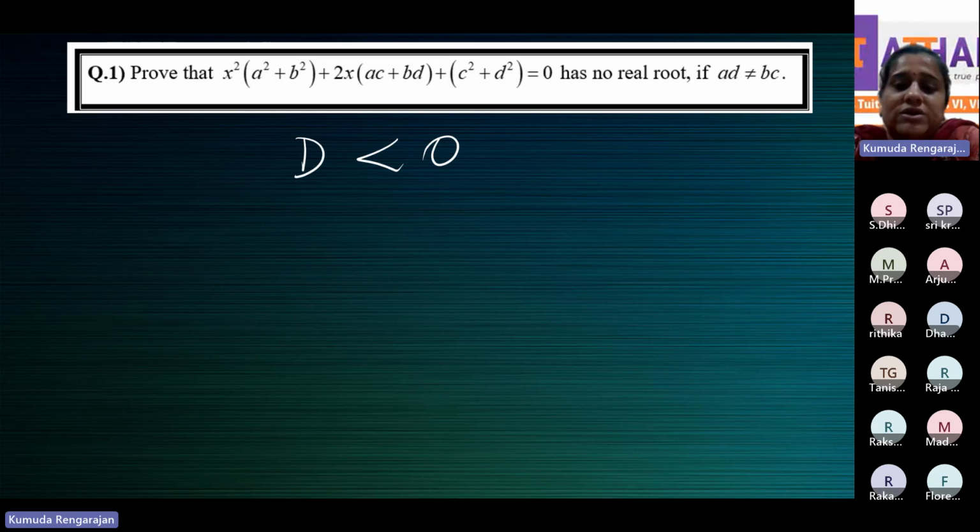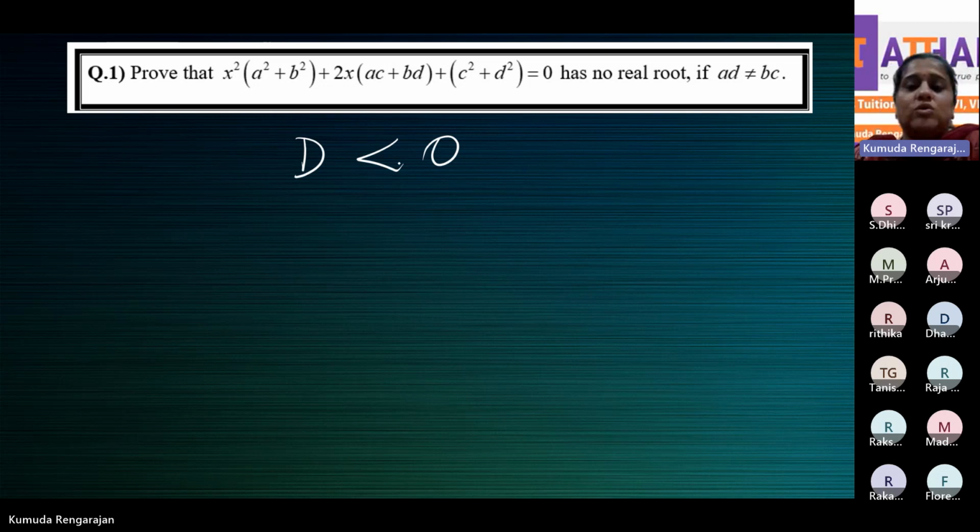If the value of d is less than 0, the quadratic equation has no real roots. If the value of d is equal to 0, the quadratic equation has real equal roots. And if the value of d is greater than 0, the quadratic equation has real unequal roots.